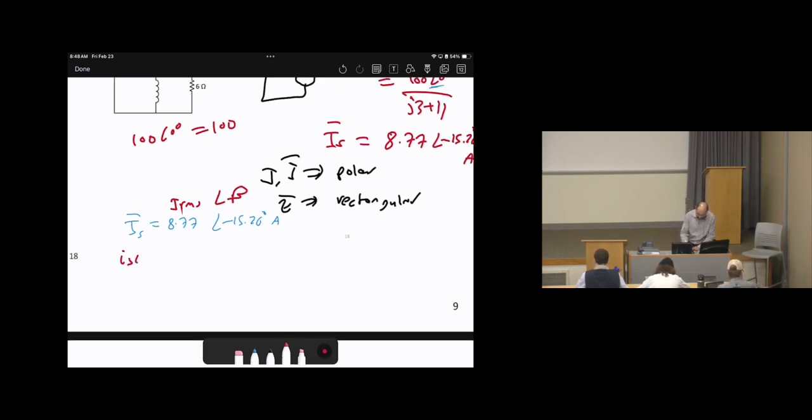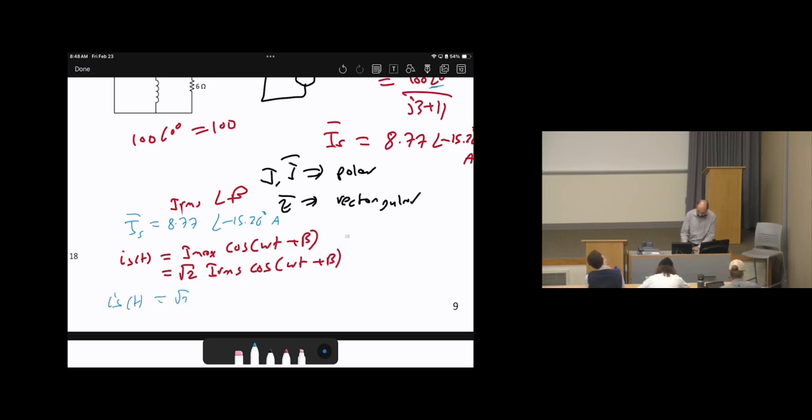We will say IS of t is equal to I max cosine omega t plus beta, but we have the RMS. So there is the other format, the RMS representation: square root of 2 times IRMS cosine omega t plus beta. Now we can substitute. IS of t equals square root of 2 times 8.77 cosine omega t, where omega is 377 given in the question, plus beta.